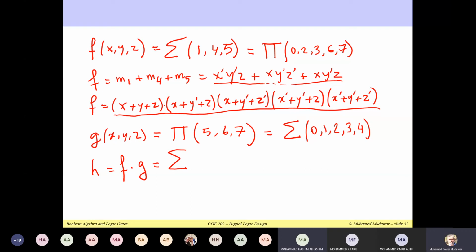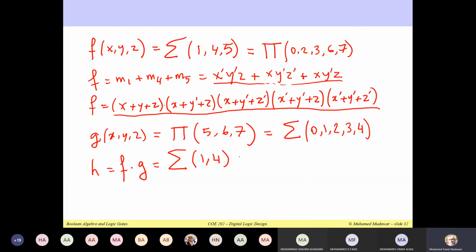These are the 1 entries, so the 1 entries for the function f have to be common in f and g. We look at the minterms which are common in f and g. So only 1 and 4 are common. Is 5 common? No, it's not common, neither in minterms nor in maxterms. So only 1 and 4 are common in f and g.